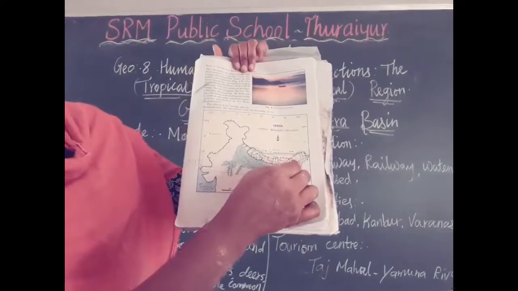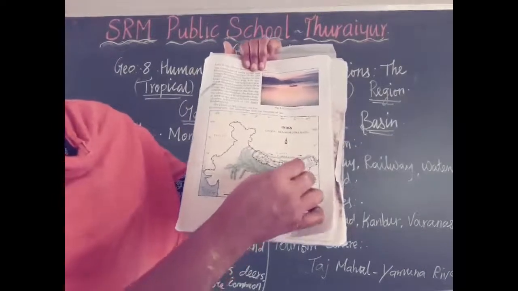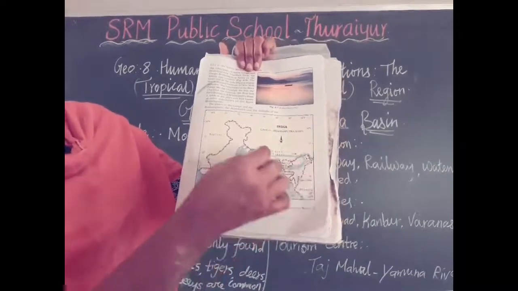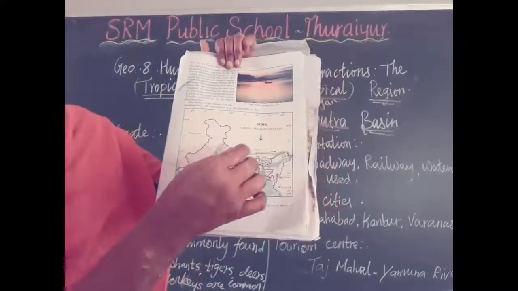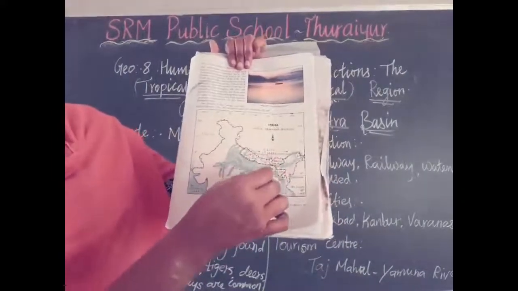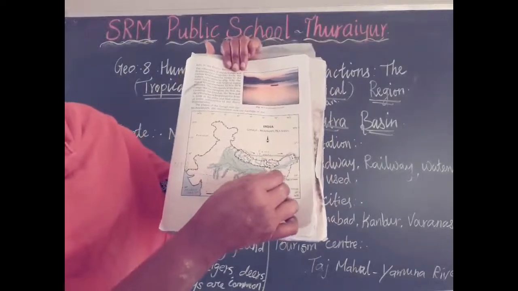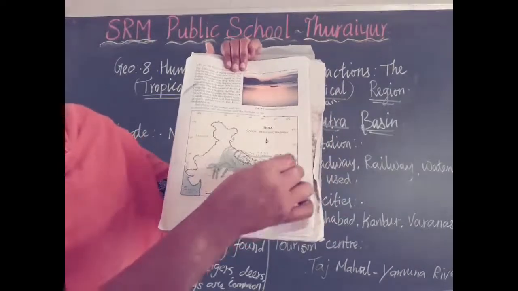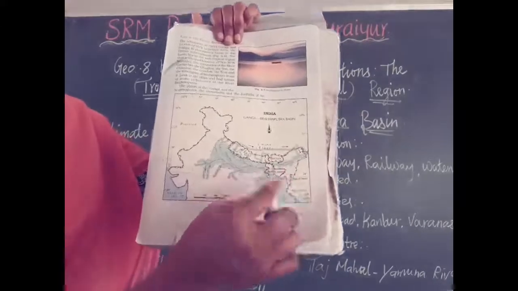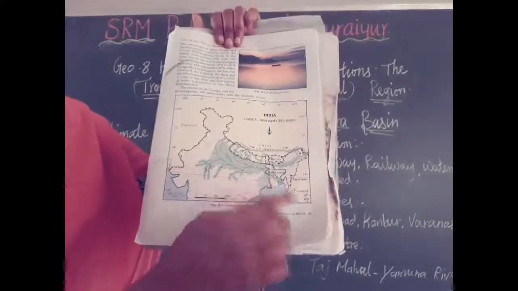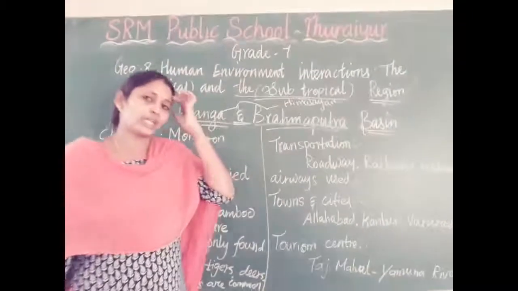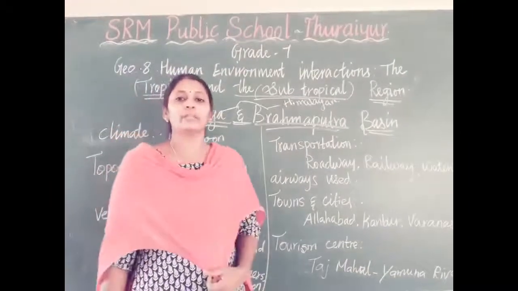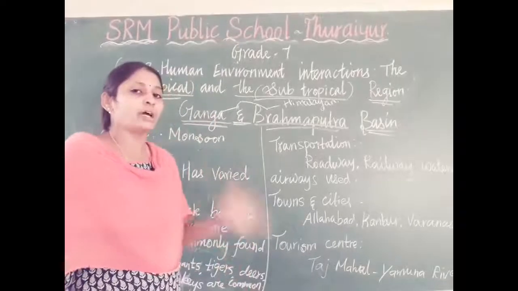At last it enters Bangladesh. The Ganga river flows through Indian states like Uttar Pradesh, Bihar and West Bengal, and enters Bangladesh. In Bangladesh, the Ganga river and the Brahmaputra river join together, and that river is called Padmavati in Bangladesh.